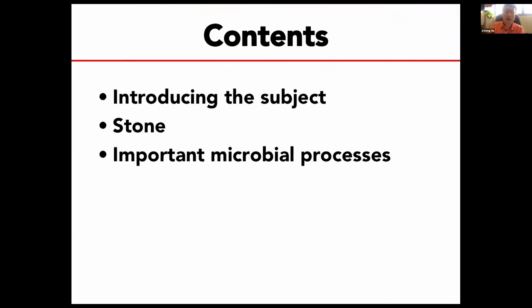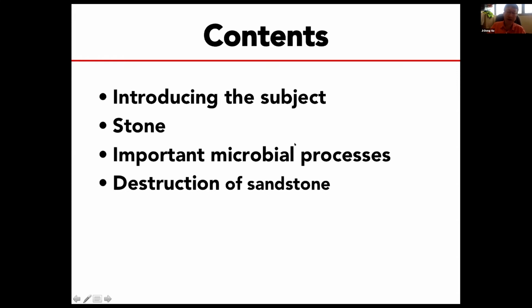I'm then going to look at the microbial processes which are affecting the integrity of the stone material, and then several specific processes which are damaging the sandstone.